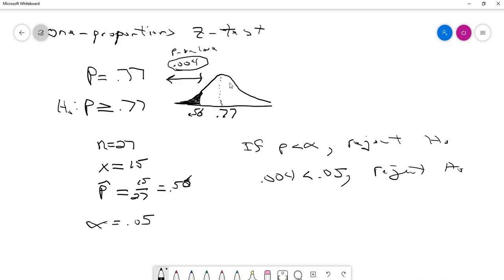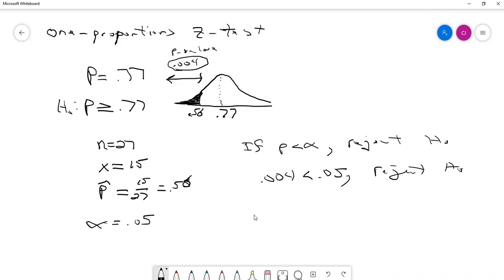We kind of wanted it to be less, right? That's why we spent all that money. And we're rejecting that it's the same or worse. We are saying that we have support that it is less than 77%, which would be our alternative hypothesis. So we do have statistical support, and that's what that rejection is saying. That is rejecting the original claim of this stuff. And now we're down here in this region of rejection.